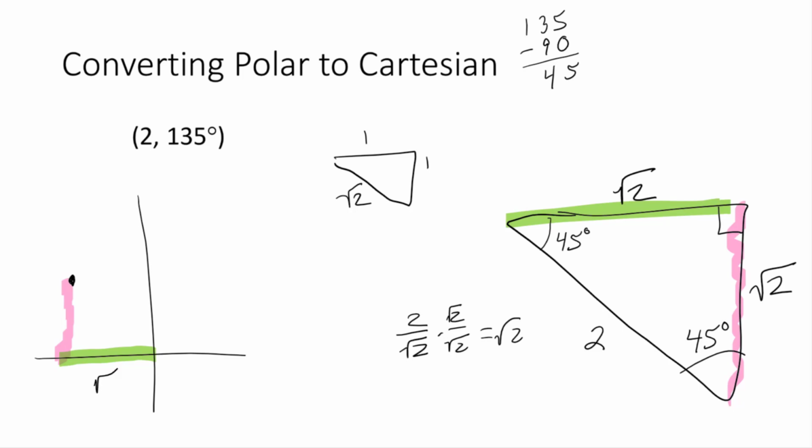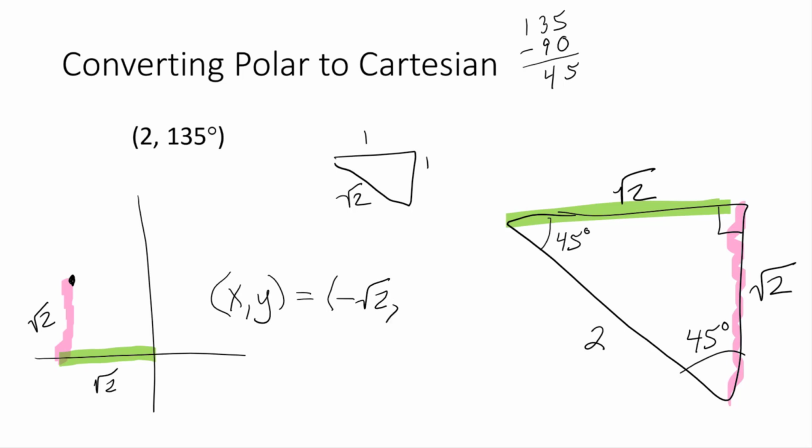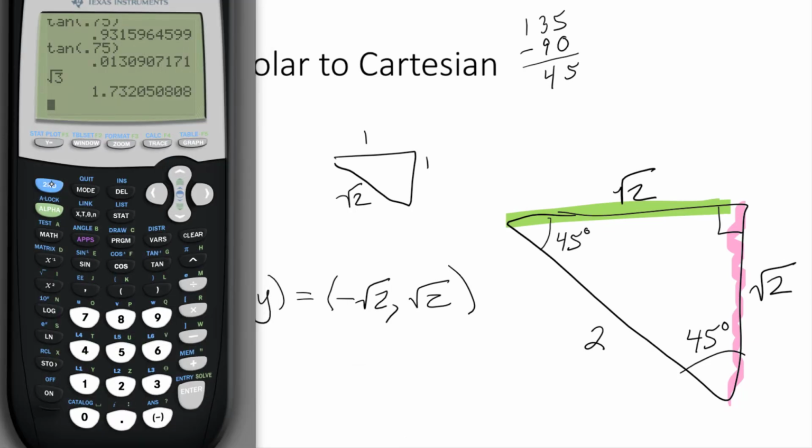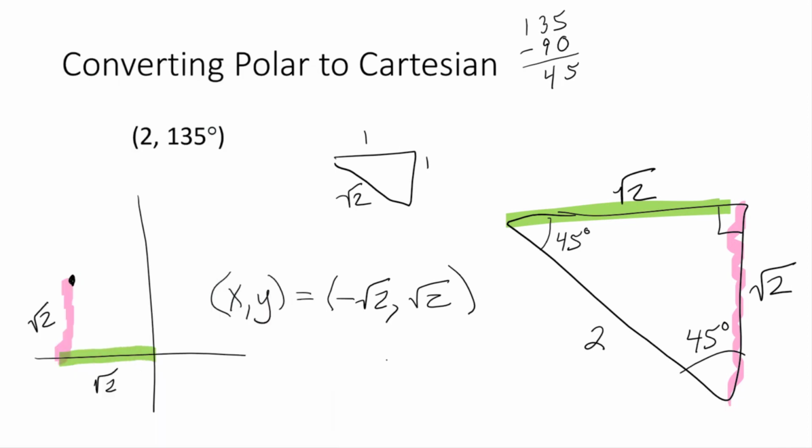So we have square root of 2, square root of 2. Now we just have to be careful when making our XY coordinate, because our x coordinate is actually negative. So our XY in this case is negative square root of 2, because it goes back along the x-axis, and then it goes up the y-axis. Again, if you want a pretty little decimal answer, you can do that.